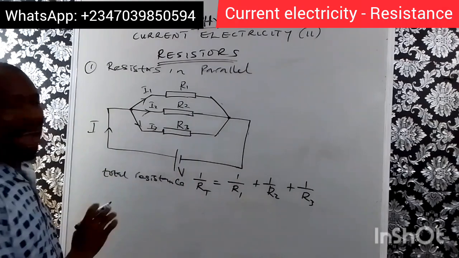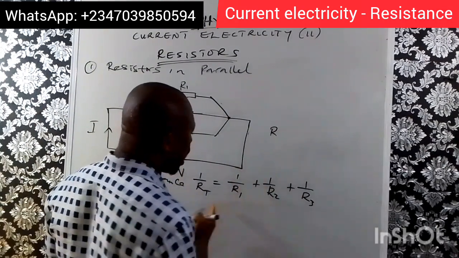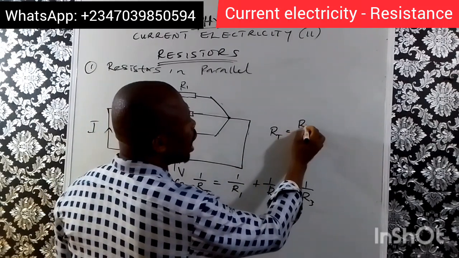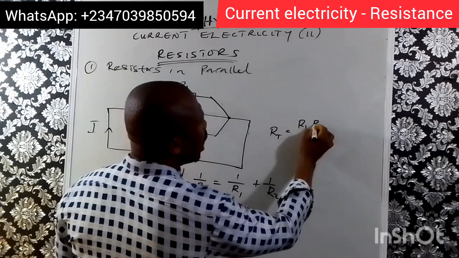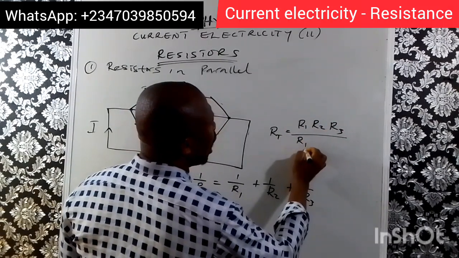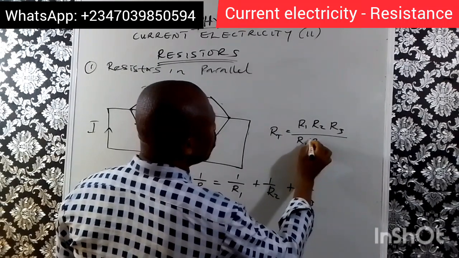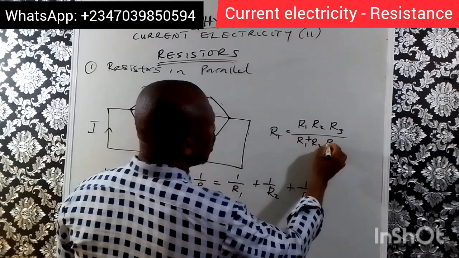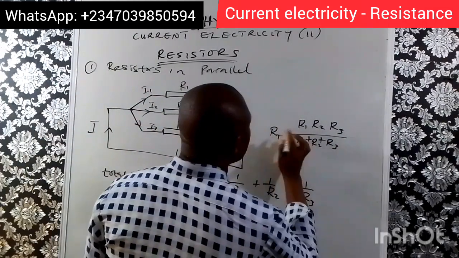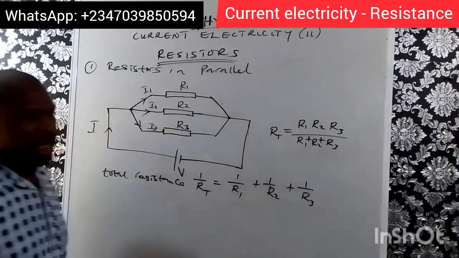Or R total equals R1 R2 R3 all over R1 plus R2 plus R3. You can have it in either this form or this one.